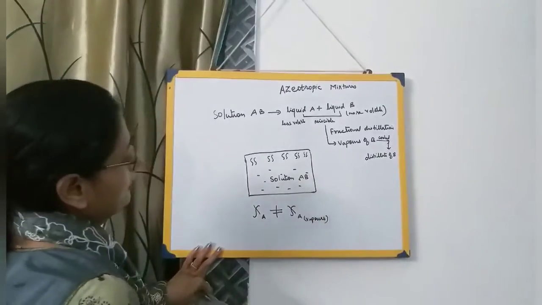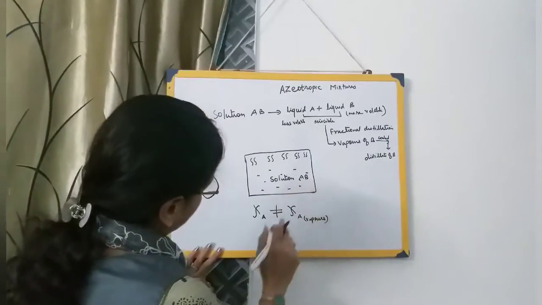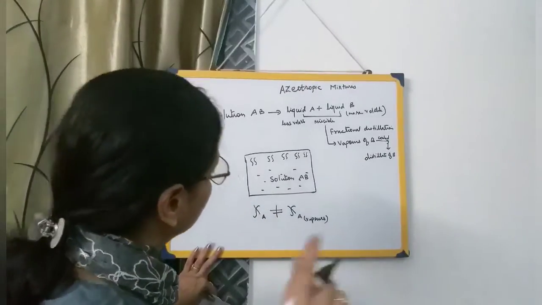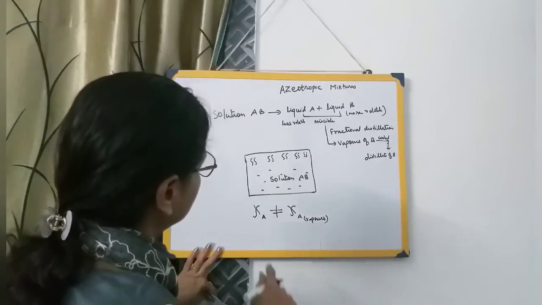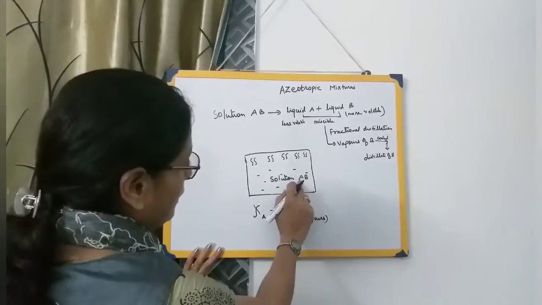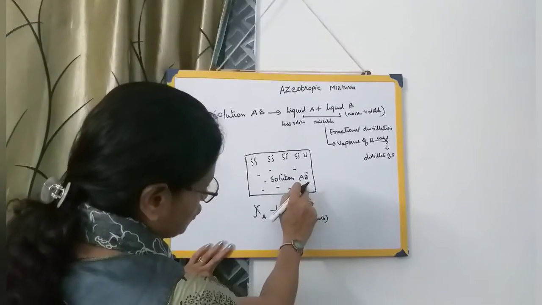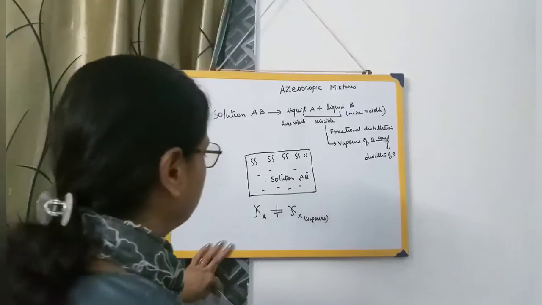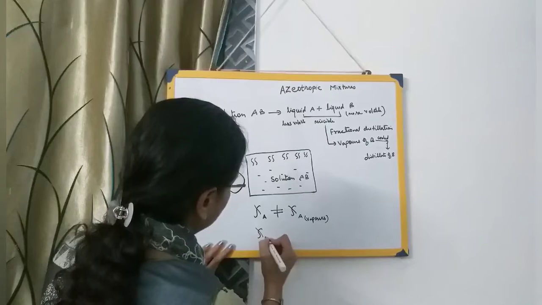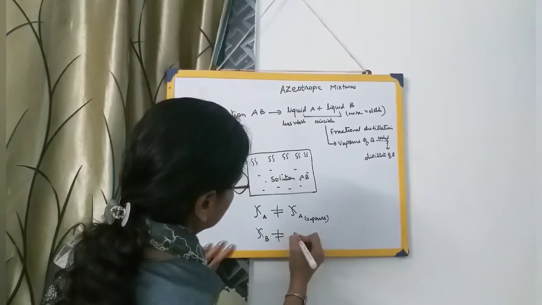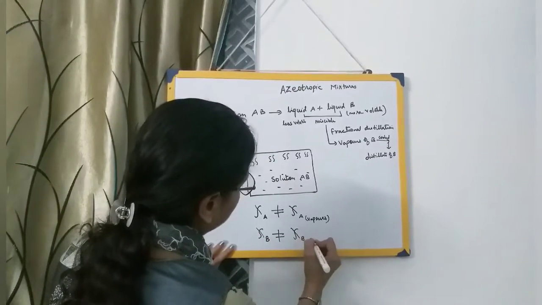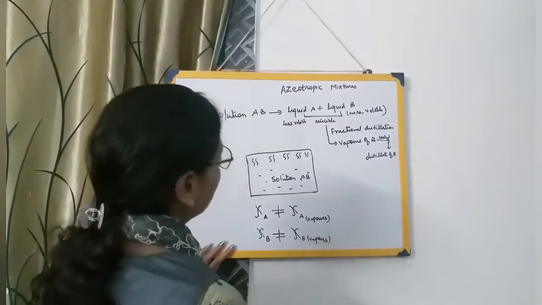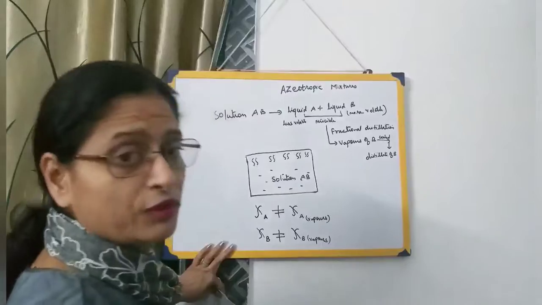At the same time there are particles of B and hence moles of B, and so there is also mole fraction of B. There is mole fraction of B in the solution over here, and at the top there is the mole fraction of the vapors of B. If the mole fraction of B is not equal to the mole fraction of the vapors of B, they differ in their mole fraction.